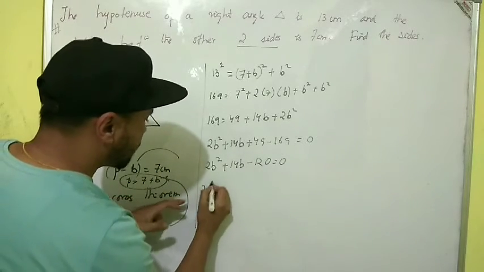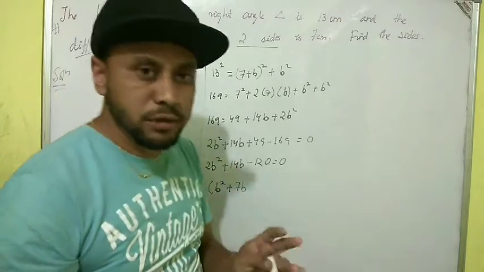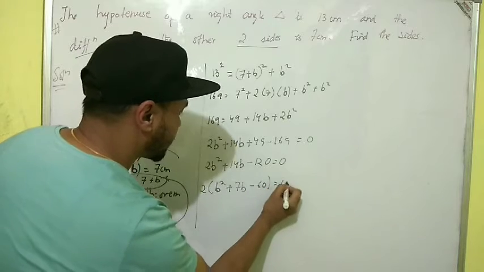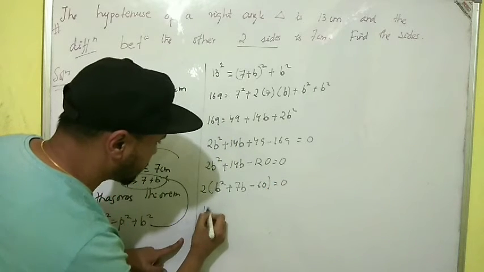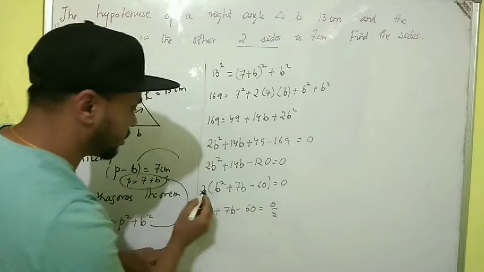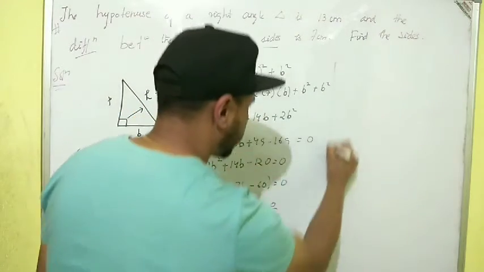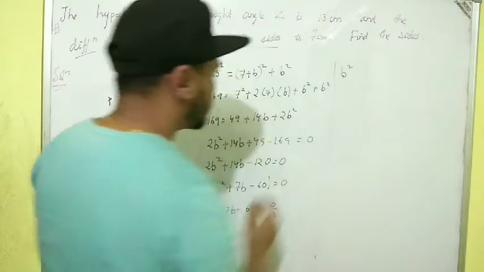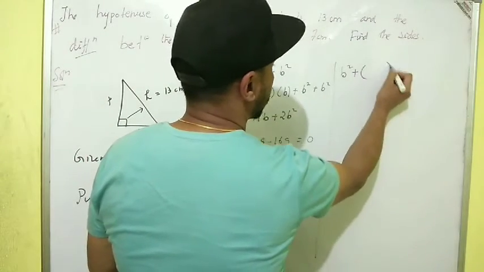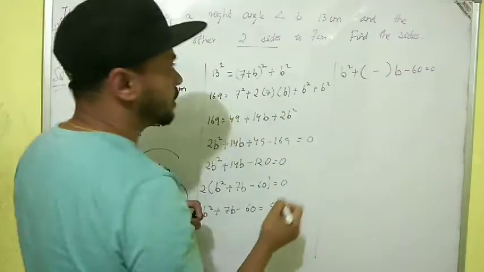Now let's take 2 common, so we can reduce the terms and it will be easy for us to break the middle term. So b square plus 7b minus 60 is equal to 0 by 2, and the 2 goes to the other side. Now let's break the middle term. We write all the terms as it is except the middle term, 7.